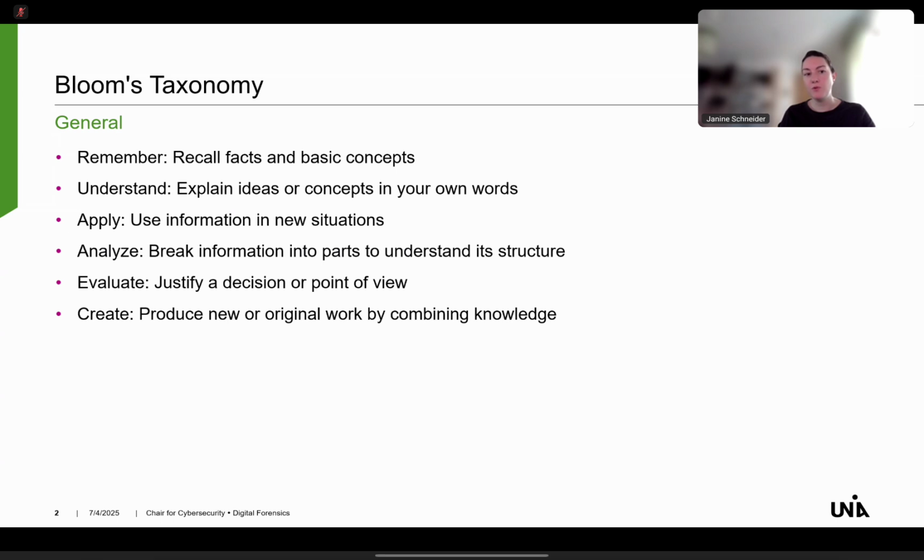You should be able to apply everything that you've learned today, for example, in the exercises or in a task in the exams.